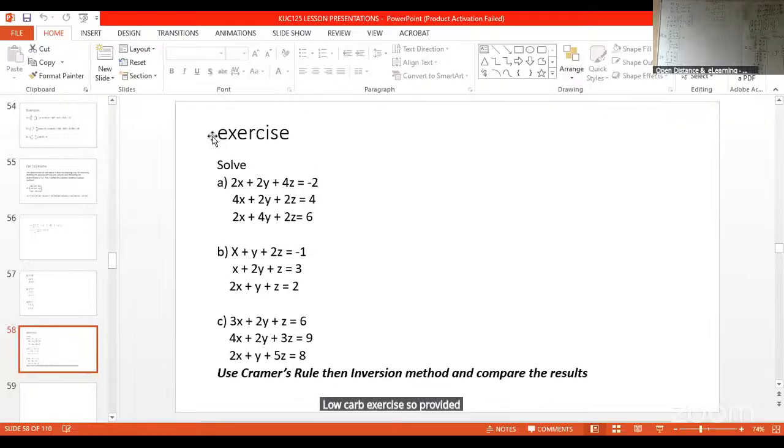Use Cramer's rule, then compare the results. Use Cramer's rule to solve those systems of linear equations, A, B, and C.